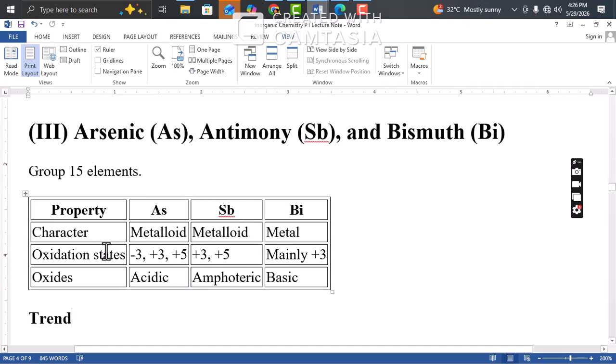For oxidation states, arsenic has -3, +3, and +5, antimony has +3 and +5, while bismuth has only +3. For arsenic, the oxides are acidic. For antimony, the oxides are amphoteric, while for bismuth, the oxides are basic.